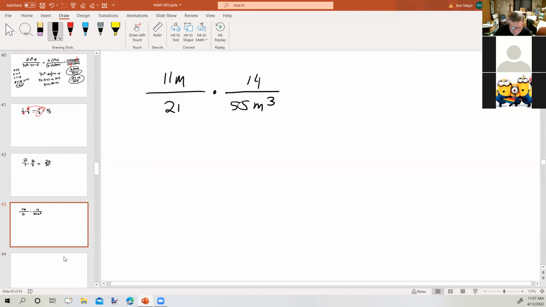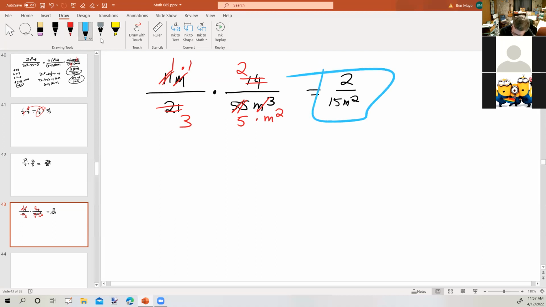Here I can, and therefore I will pre-reduce. 14 over 21 is 2/3. 11 over 55 is 1/5. m over m cubed would be 1 over m what? Square. Good. So 1 times 1 times 2, 3 times 5 times m squared, 15m squared. Final answer.